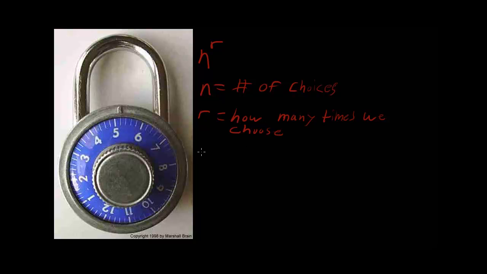So in this case, n would equal 12 and r would equal 3. So we'd have 12 to the power of 3, which equals 1,728 possible combinations we have for this particular lock.